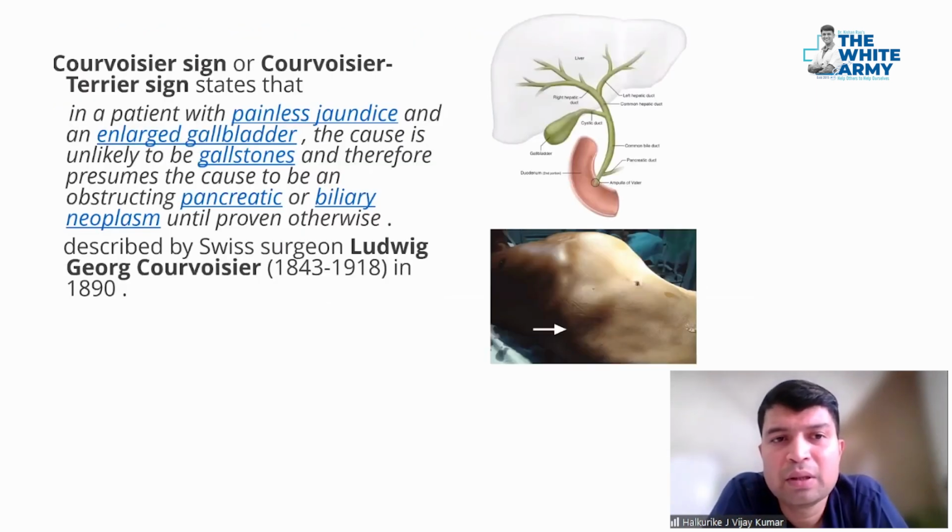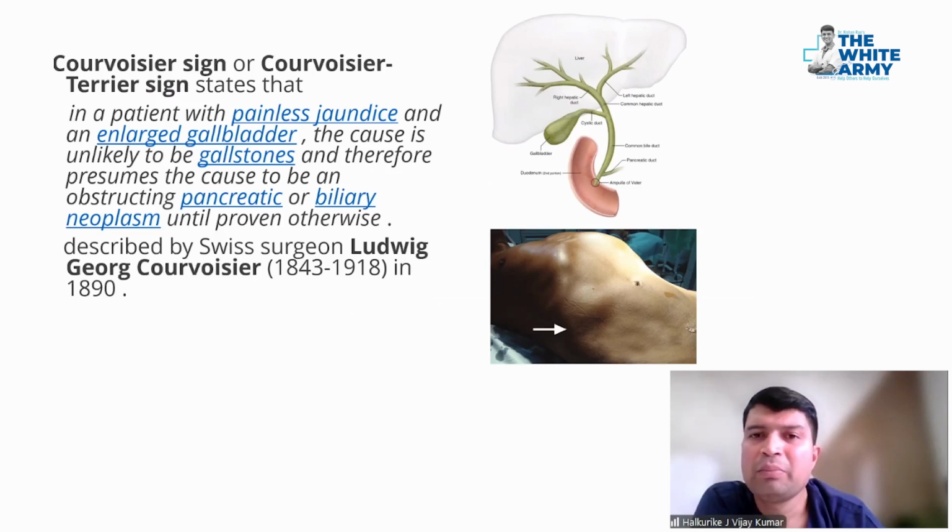Another fancy and very important sign is Courvoisier's sign, because some examiners expect the exact words. In a patient with painless jaundice, a palpable or enlarged gallbladder is unlikely to be due to stone, and therefore the cause is presumed to be an obstructing pancreatic or biliary neoplasm. It is simple: whenever in painless jaundice the gallbladder is palpable, it is not due to stones.